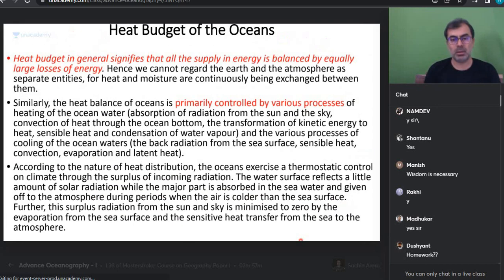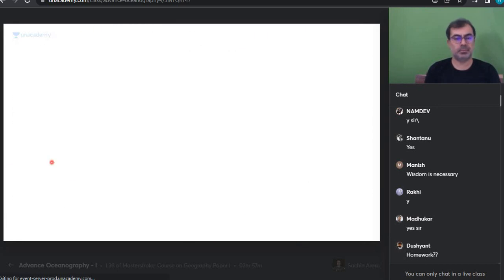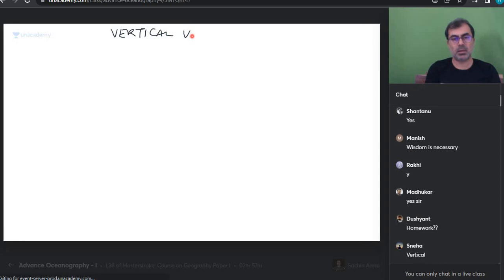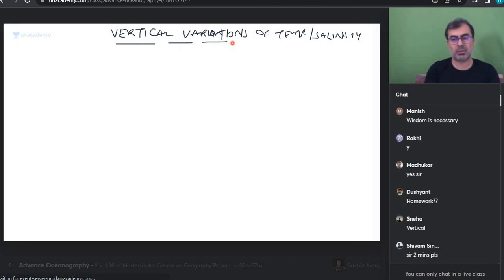Now I wish to talk about variations with depth. Vertical variation of what? Temperature and salinity. Is everyone with me on this?